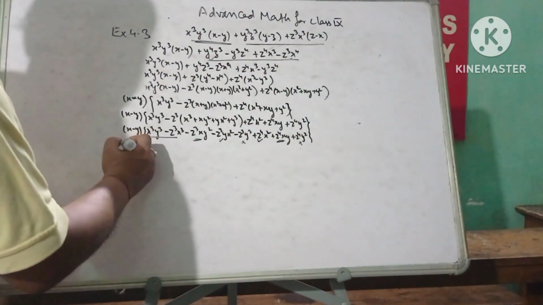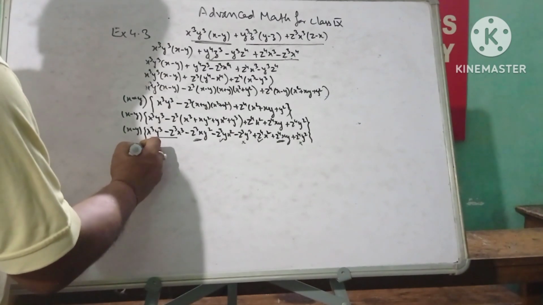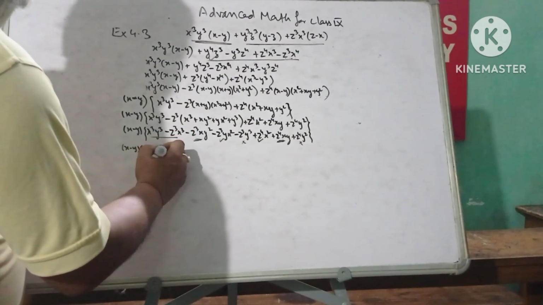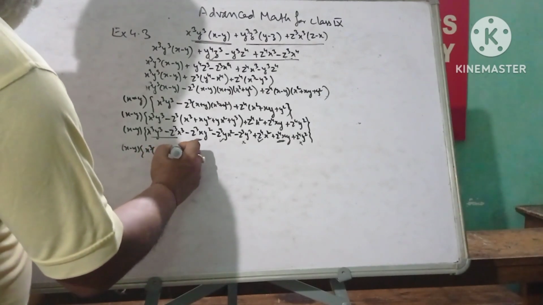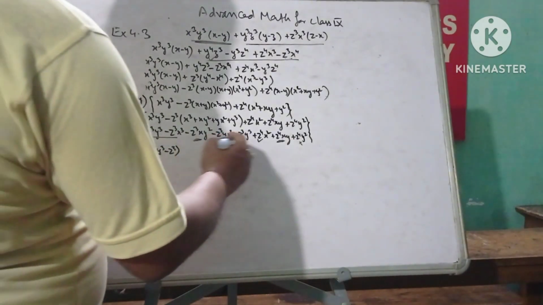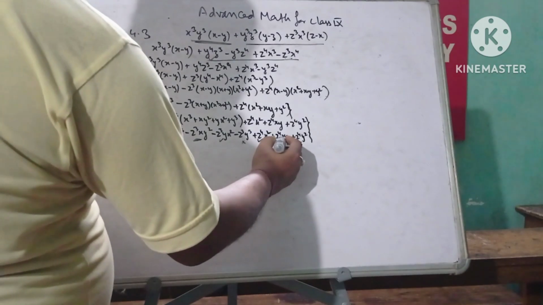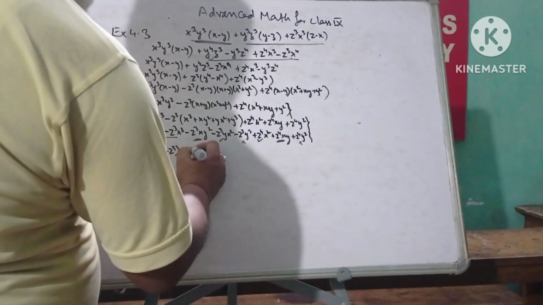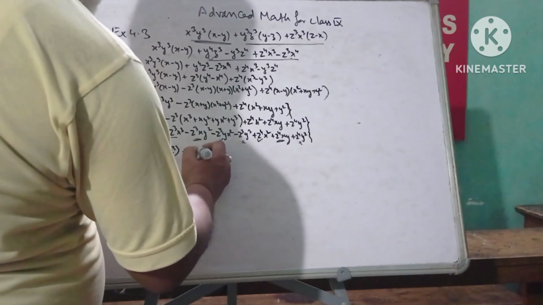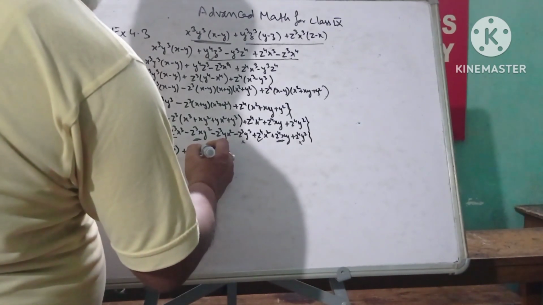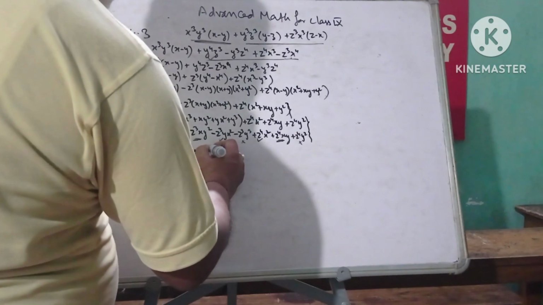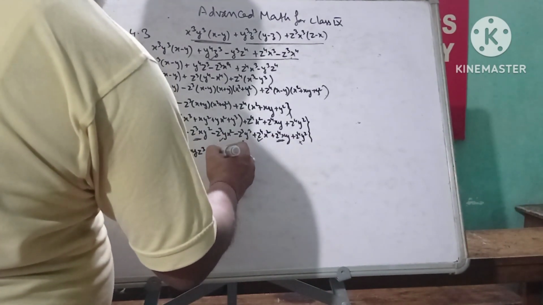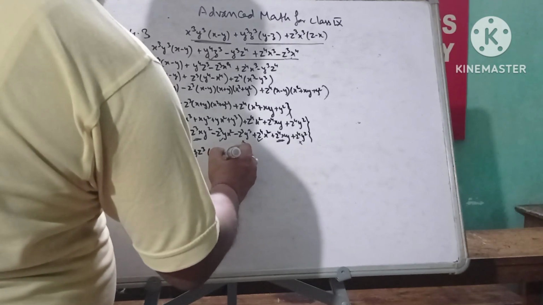So here you see x minus y, so this will be x cube common, y cube minus z cube, and here from these two terms we are going to get plus xyz cube, xyz cube, so this will be z minus y.